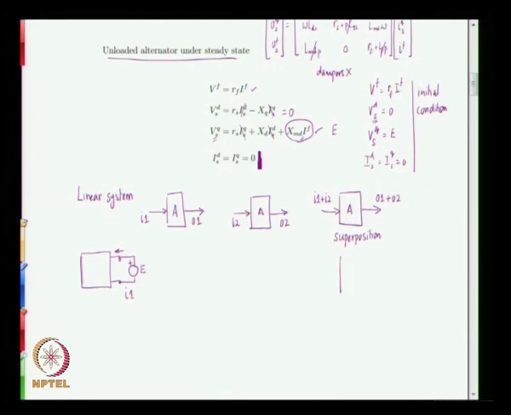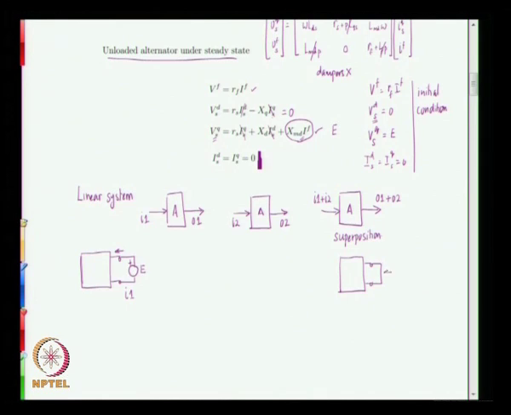What we want to do is look at the alternator and we want to consider the response to a short circuit at the terminals. So, the terminal is going to go to a dead short.